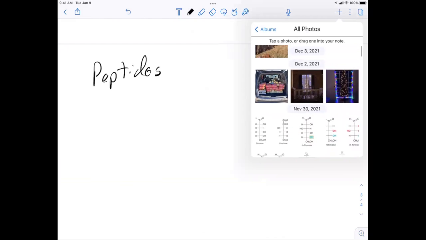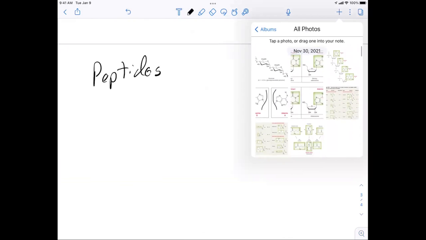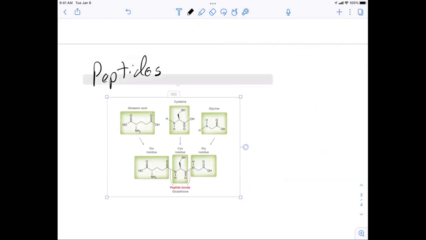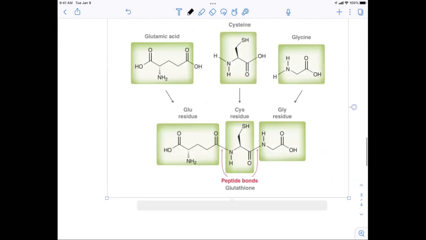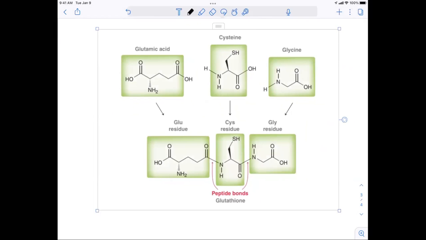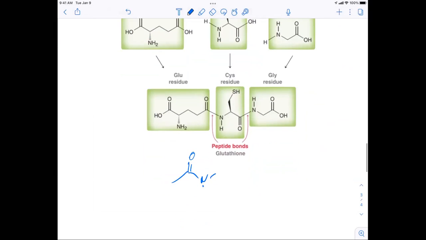Go back a little ways. So when we look at peptides, really what a peptide is, is the peptide bond. But really, what is this peptide bond? What would I call this functional group? Anyone?